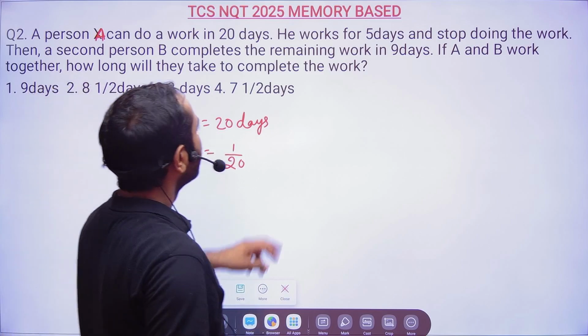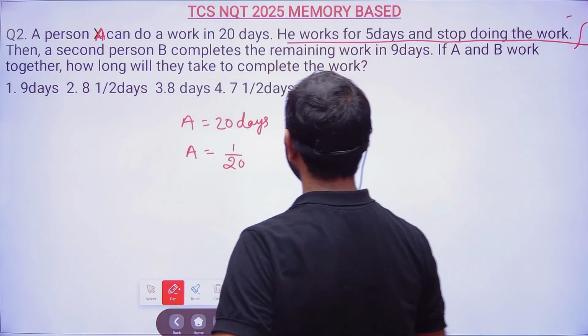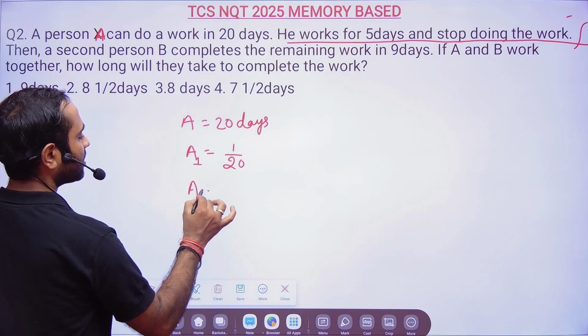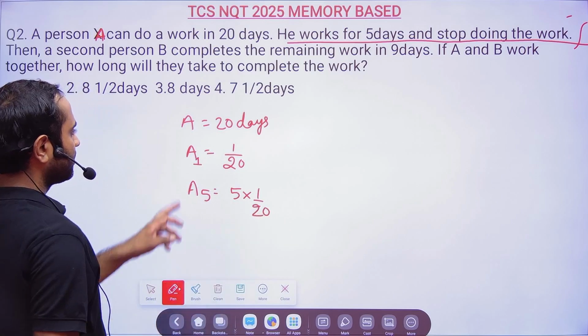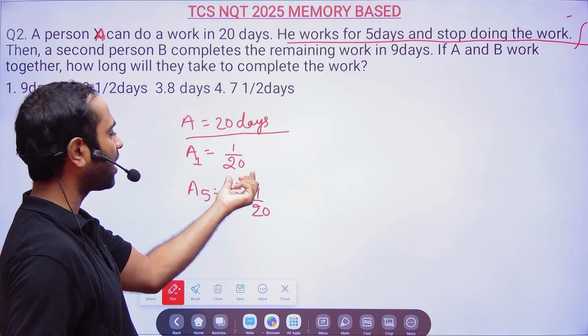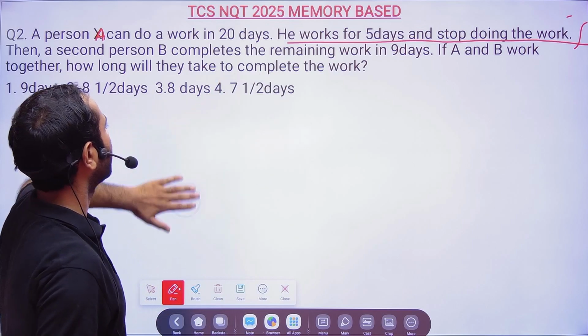Now see, he works for 5 days and stops doing the work. So in 5 days, how much work will he do? Sir, 5 days work will be 5 into 1 by 20, right? See, A can finish the work in 20 days. So A's 1 day work will be what? If you don't know the unitary method, you can write like this.